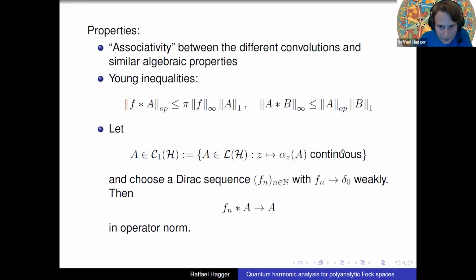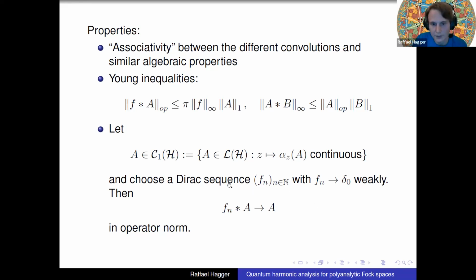Okay, so as I said, the replacement of bounded uniformly continuous functions is those operators for which this operation is continuous, and it's actually automatically uniformly continuous. And for these continuous operators, you can do the same thing, mollifying.